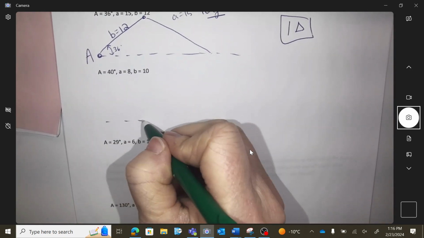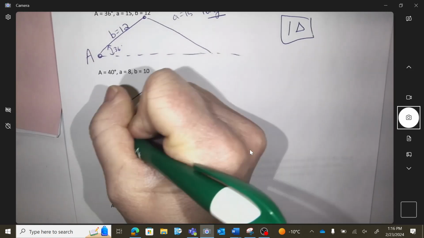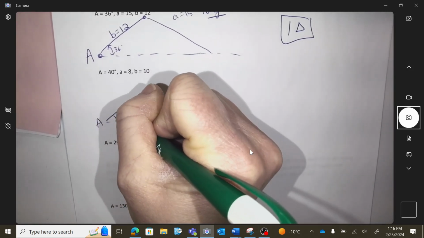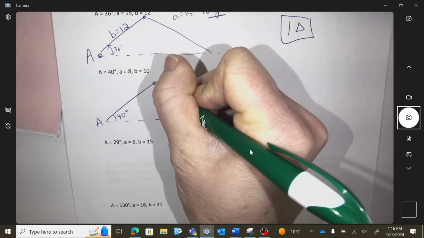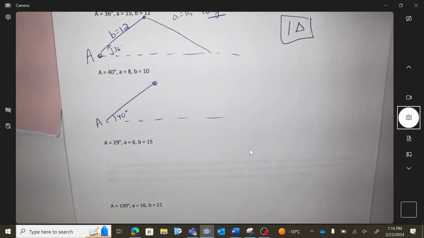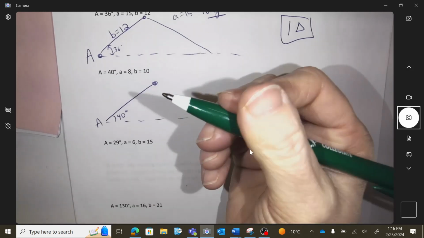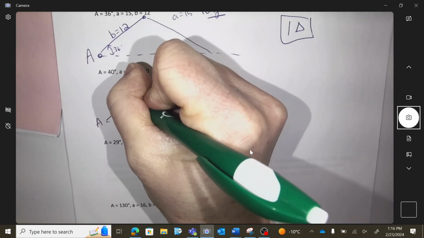Same idea. I don't know, but I know A is 40 degrees. What is beside that angle, the 8 or the 10? The 10?